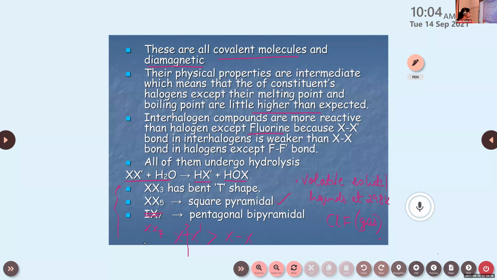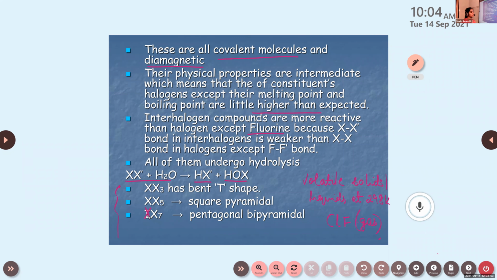That's about the structures of these interhalogen compounds. XX3 bent T shape, XX5 square pyramidal, XX7 pentagonal bipyramidal. So you can just mark the structures. Children, table 7.11 is based on VSEPR theory.